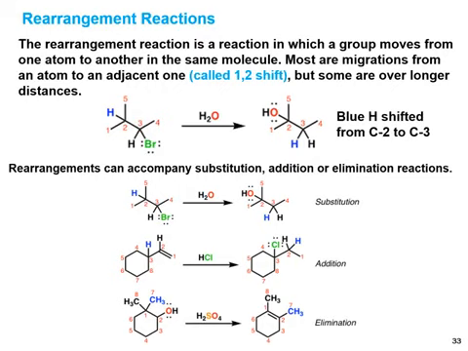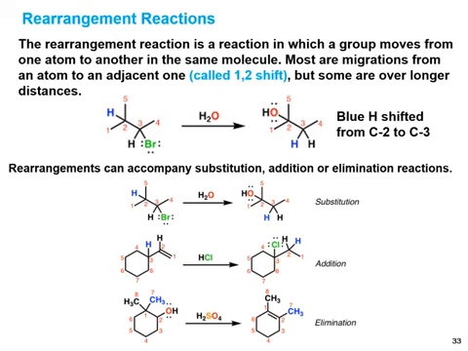Rearrangements can accompany substitution, addition or elimination reactions. This is a substitution. Overall you can see bromide is removed and a hydroxyl group is introduced, meaning bromide is substituted by the hydroxyl group. But in this case, through the substitution, hydrogen shifts from carbon 2 to carbon 3, meaning substitution occurs along with the rearrangement.